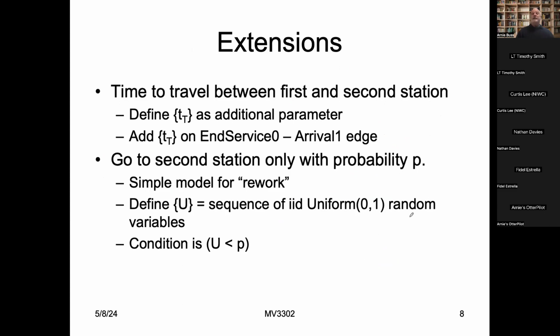When we look at our particular situation, I said one of the assumptions is that the time it takes to go from the first station to the second station is always going to take a finite amount of time. But even if your service times and inter-arrival times are in minutes, and the time to get to the next station is in seconds, then it's essentially zero.